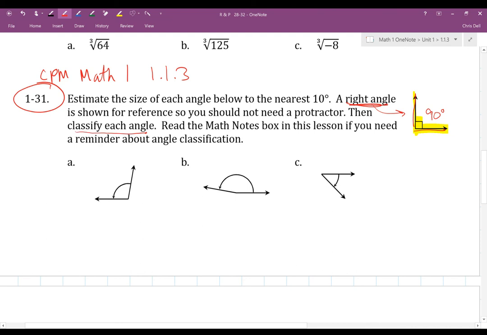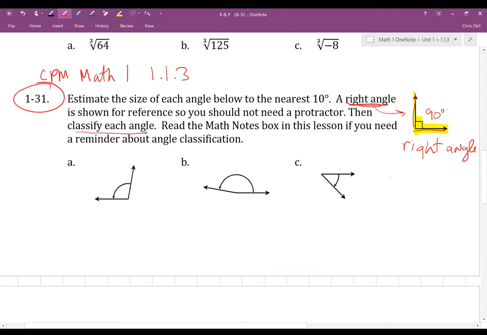And classifying each angle, as a reminder, you have four types of angles. One would be your right angle, which we already see up there.